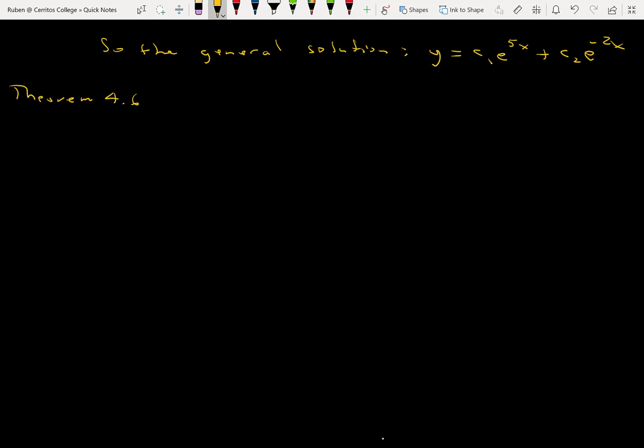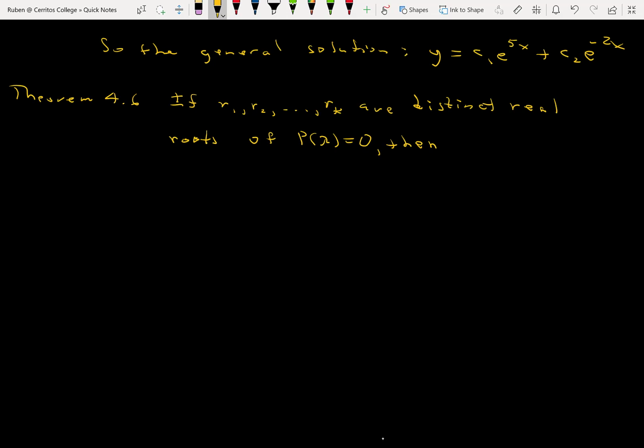Theorem 4.6 says that if we have real and distinct roots, so if r1, r2, all the way up to r sub k are distinct, remember that means different from one another, distinct real roots of the auxiliary equation P of lambda equals 0, then the corresponding set of functions e to the r1x, e to the r2x, all the way up to e to the r sub k of x are in fact linearly independent.